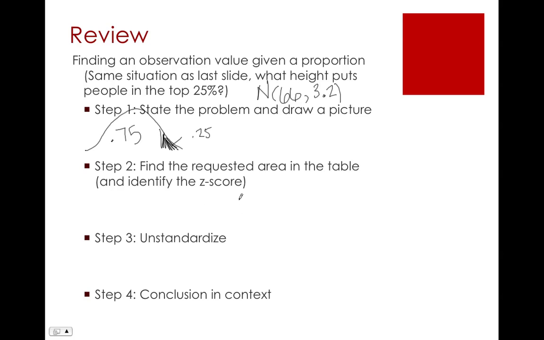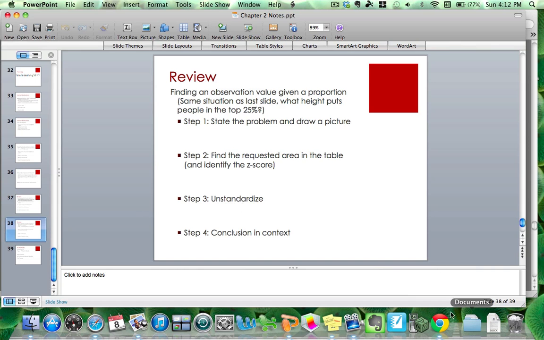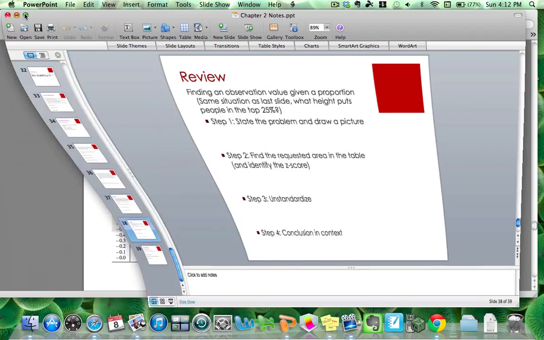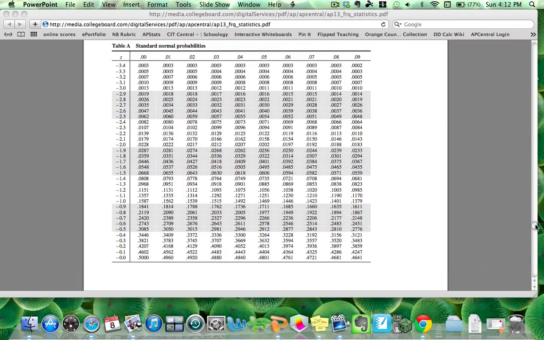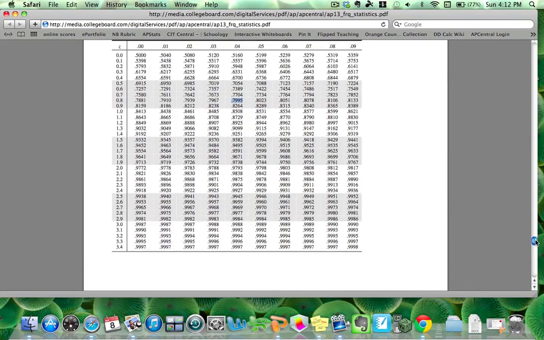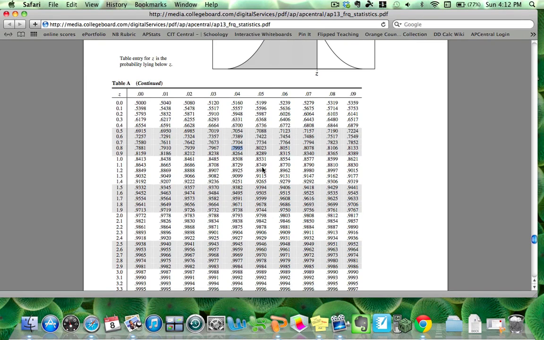Okay, this is going to be a positive z-score. So I'm going to my positive z-score page, which is the second one. And I'm looking for the closest thing I can find to 0.75. I believe we've looked this one up as well. It ends up being 0.7486, which I need to make into a z-score. So I'm going to trace left and up, and I get 0.67.